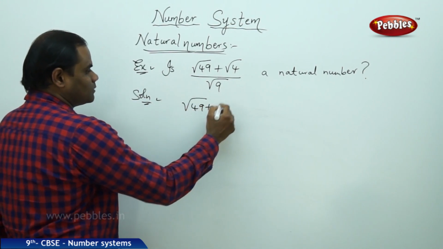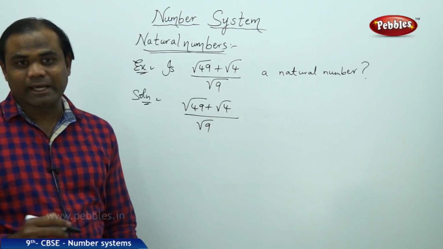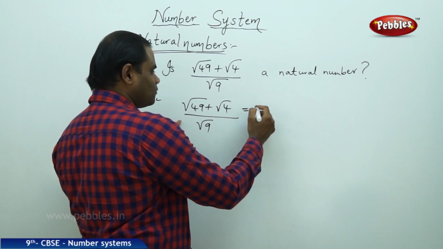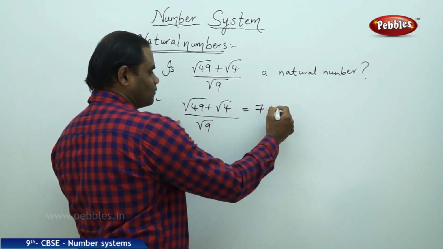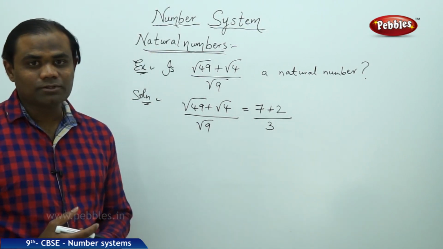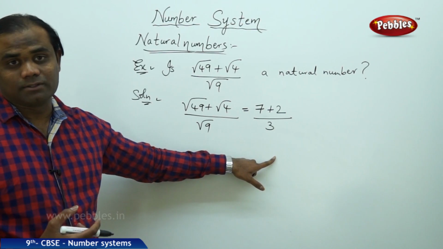The given question, root 49 plus root 4 by root 9, is to be further simplified, as we clearly know that root 49 is 7, root 4 is 2 and root 9 is 3. I reduce them into the non-root form by using the perfect square number concept.